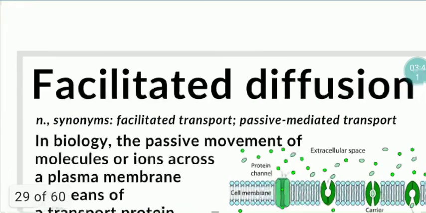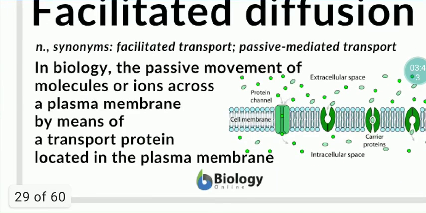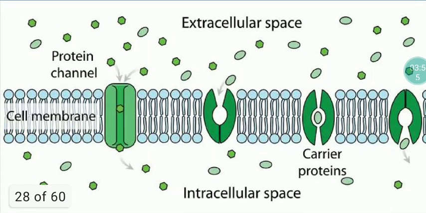So what is facilitated diffusion? The passive movement of molecules across the plasma membrane by means of a transport protein located in the plasma membrane is known as facilitated diffusion. Simple diffusion needs no help of protein. If the diffusion takes place with the help of a protein, then we call it facilitated diffusion.